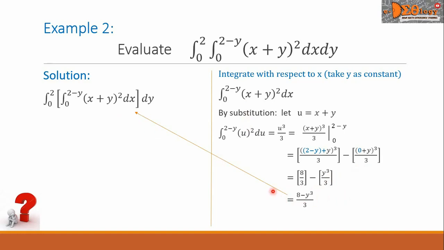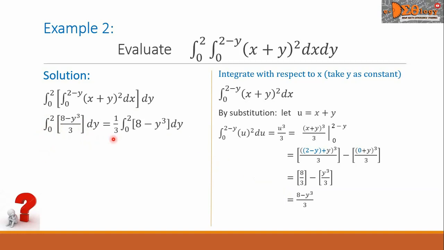So we can substitute this in the double integral here. So our problem now is simplified into the definite integral from 0 to 2. Our function now is 8 minus y cubed all over 3, then dy. We can simplify this by moving this denominator 3 outside the integral sign.